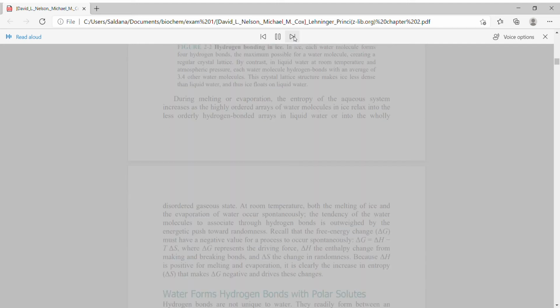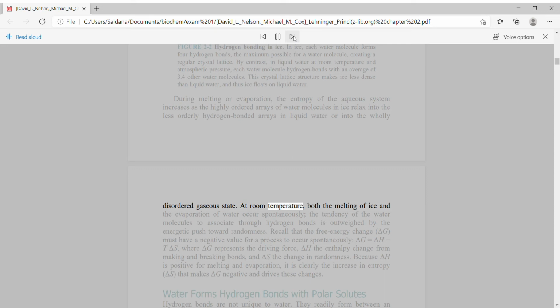When ice melts or water evaporates, heat is taken up by the system. Figure 2-2 hydrogen. During melting or evaporation, the entropy of the aqueous system increases as the highly ordered arrays of water molecules in ice relax into the less orderly hydrogen-bonded arrays in liquid water, or into the wholly disordered gaseous state.